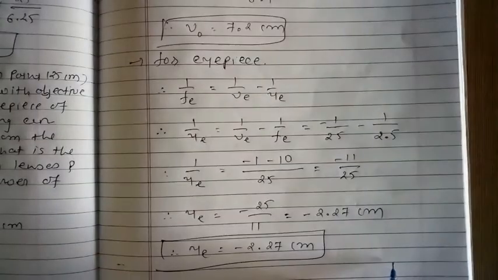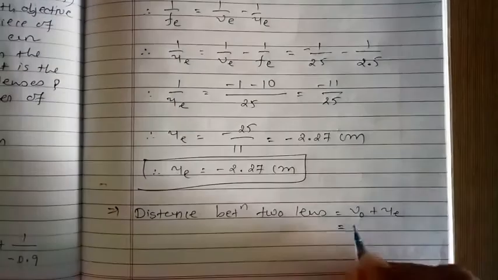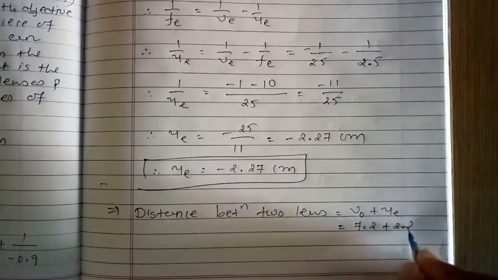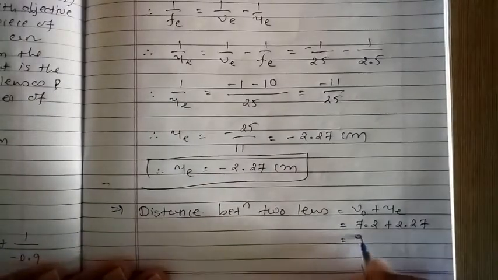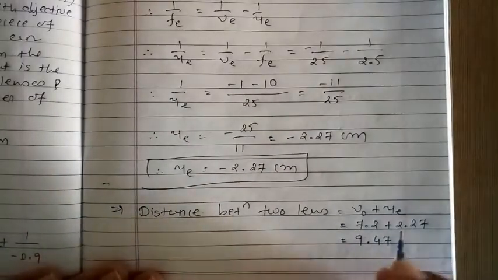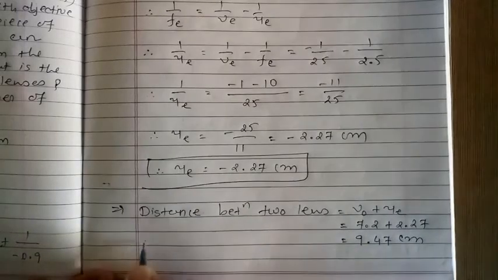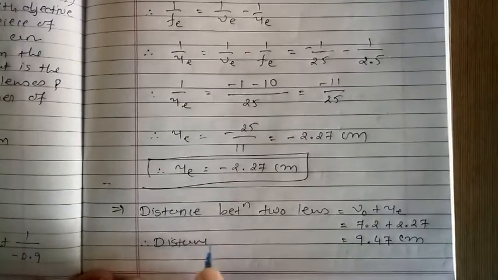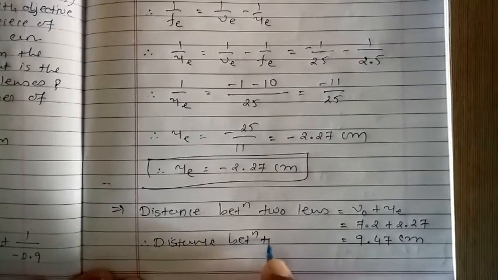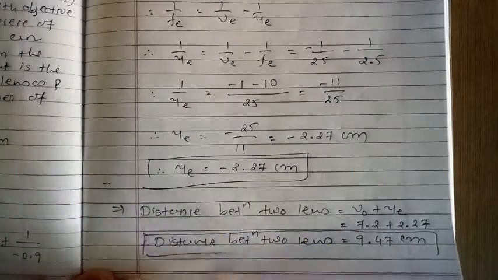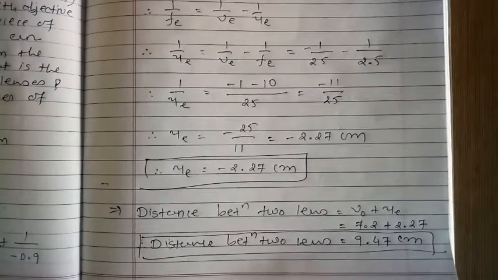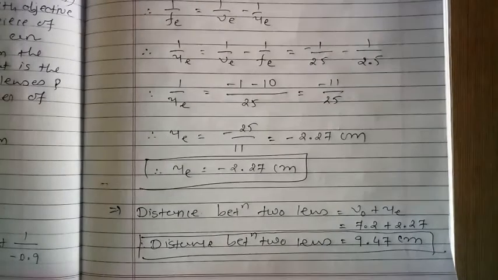We know the value of VO is 7.2, so 7.2 plus 2.27, so we get 9.47 centimeter. So the distance between the two lenses is 9.47 centimeter.